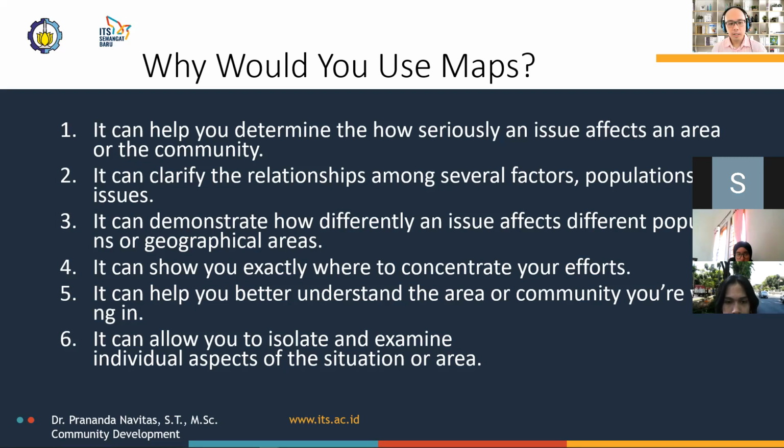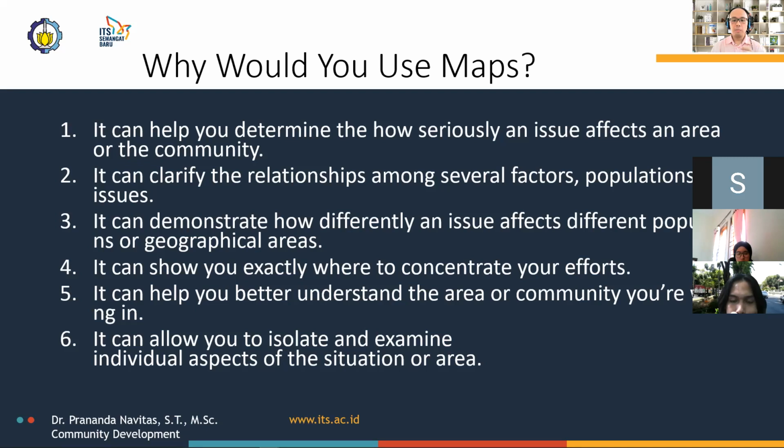4, it can help you better understand the area or the community you're working in. Now, a map can show you a large amount of information all at once. It may, for instance, illustrate abandoned buildings for a targeted neighborhood. It can illustrate population density, age, income, ethnicity, level of education.